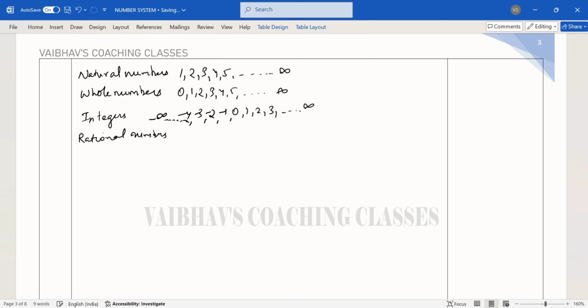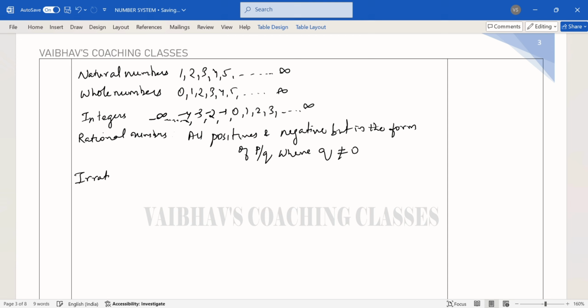So rational numbers include all positives and negatives, but in the form of p by q, with the important condition that q is not equal to 0. And then lastly the irrational numbers.